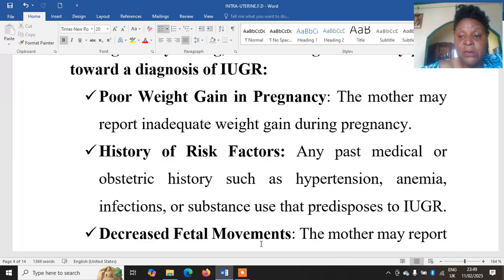When we ask about the medical history, whether this mother has some chronic illnesses like hypertension, diabetes mellitus, epilepsy, etc., all this can be a key opener that we start thinking about intrauterine growth retardation. Mother being anemic, mother reporting history of infections, etc.